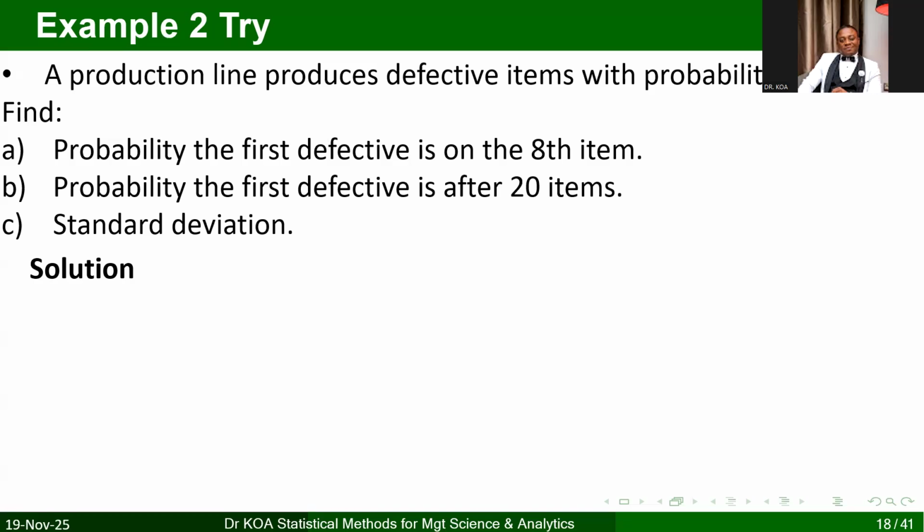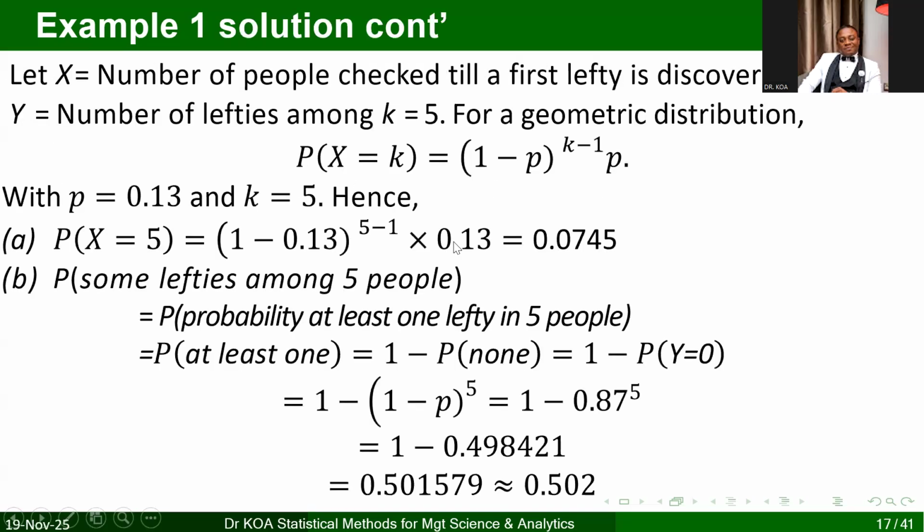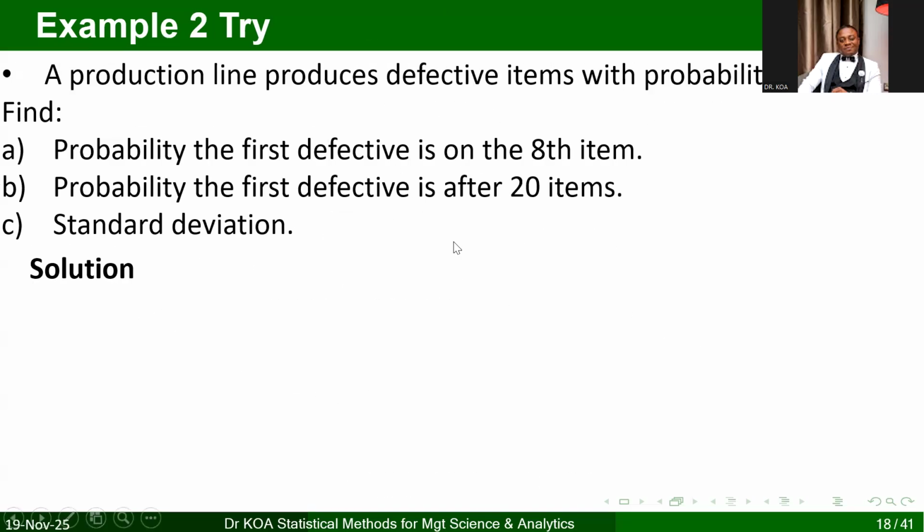So let's take the first one. This one is very easy. The probability that the first defective is on 8. So that means that X is what? X is equal to 8, isn't it? Yes, sir. So we are finding the probability that X is 8, which is equal to 1 minus P raised to the power, or I can just say Q raised to the power K minus 1.